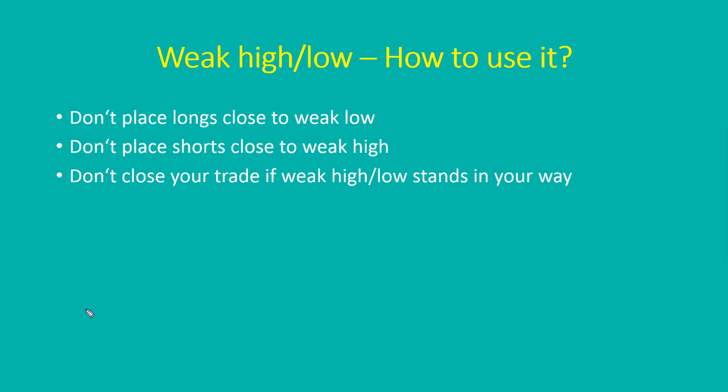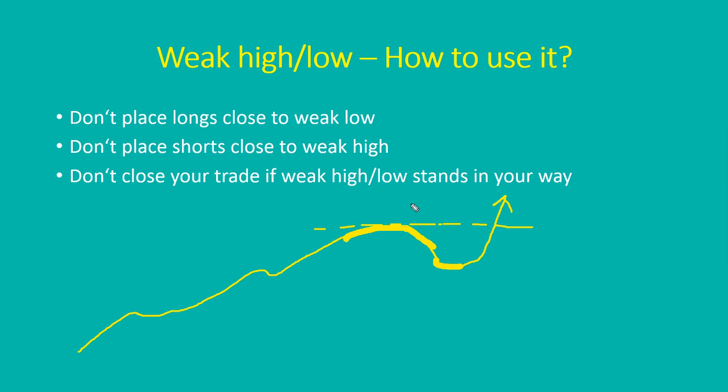And the same goes for the weak high. So let's say that there is an uptrend followed by a weak high. All right, this is the weak high. And when the price gets close to the weak high again, it tends to test it, to go above the weak high, because there isn't a sign of strong sellers.